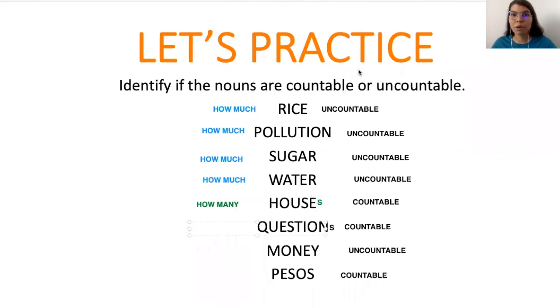The same with questions. How many questions? Next one we have how much money? And final one, how many pesos? So we look at if the noun is countable or uncountable. We use how much for uncountable nouns, how many for countable nouns.